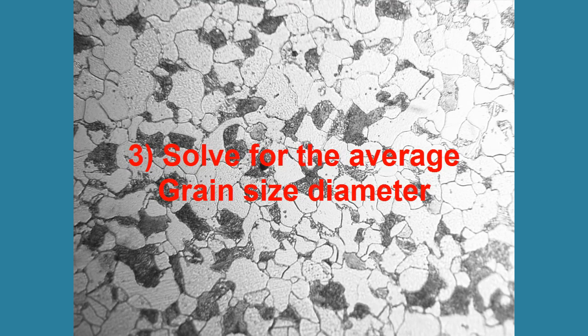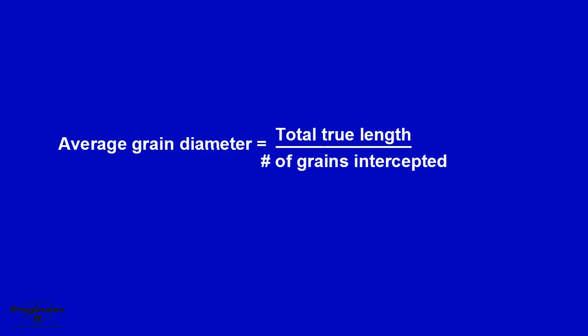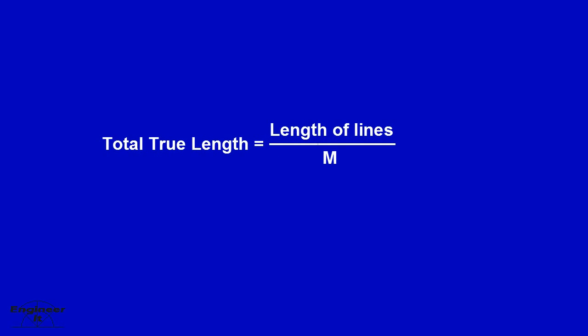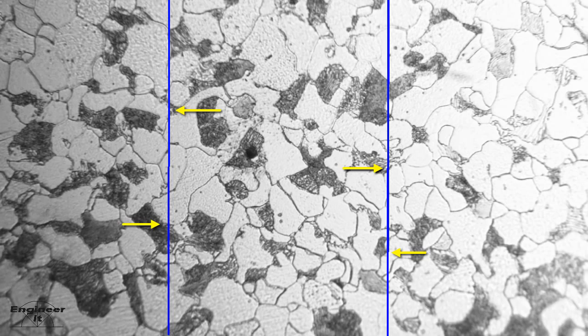The last thing to do is solve for the average grain size diameter. First, by solving for the total true length, then solving the number of grains intercepted. Number of grains intercepted refers to the grains intercepting two vertical lines.